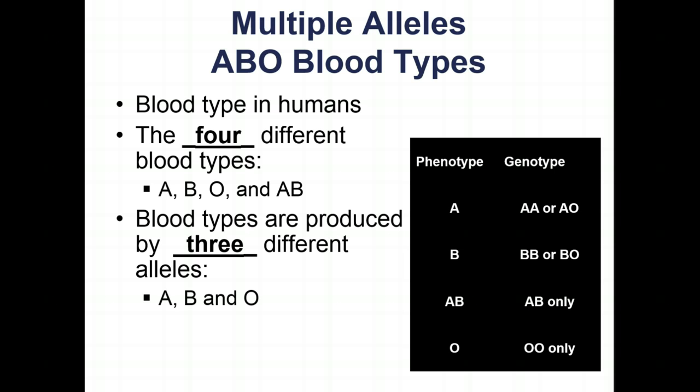So the A allele encodes for an enzyme that will make A sugars. The B allele encodes for an enzyme that will make the type B sugars, and the O allele encodes for a non-functional enzyme that doesn't make any sugars. The blood types A, B, AB, and O arise as a result of the actions of these 3 different alleles: the A allele, the B allele, and the O allele.